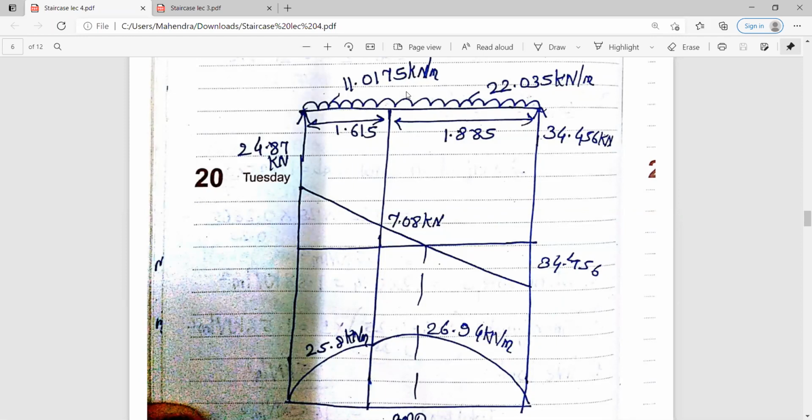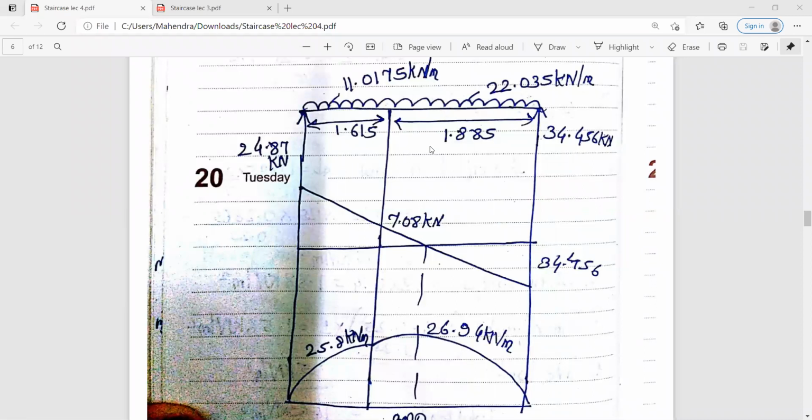SFD and BMD everyone knows, I think. I hope everyone knows the SFD and BMD calculations. Last 1 minute is there, so rejoin the lecture again immediately. And those who have not given the attendance, give your attendance in the chat box. Yes, everyone understood these beam calculations.